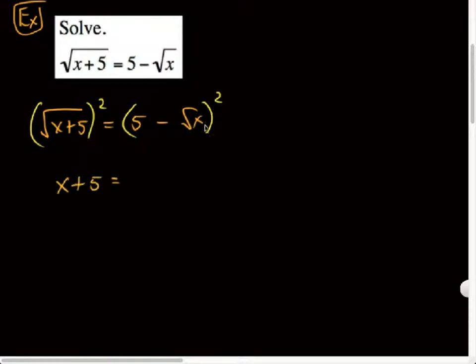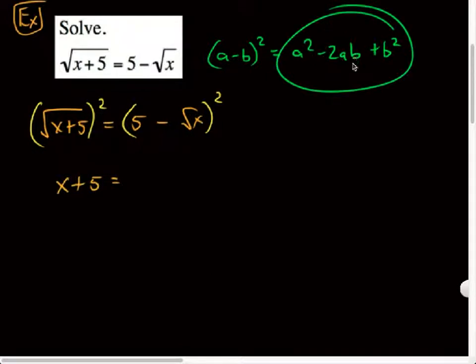Right. On the right, I can't distribute a square over addition or subtraction, but you might remember this guy. Yeah, this is our square of a binomial pattern, which becomes a perfect square trinomial is the name of this side of it.